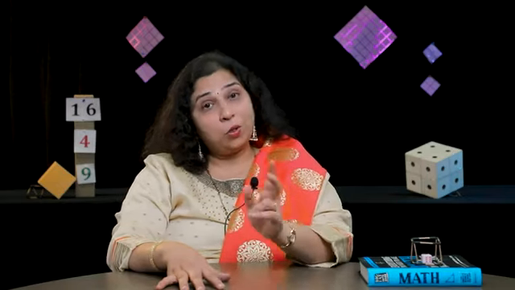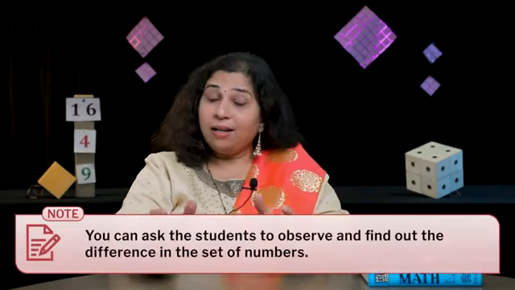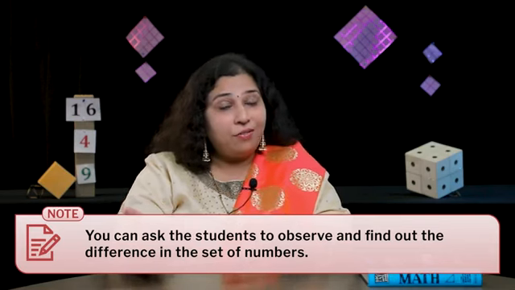Then I said, let us find the factors of certain numbers like 24 and 36. As the students were better able to find the factors, they started listing them. 2 into 12 is 24, 8 into 3 is 24 and so on. For 36 also, they made the set of factors. Then I asked, observe these two sets and identify the difference.